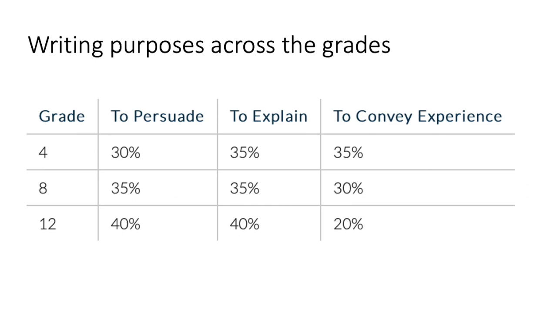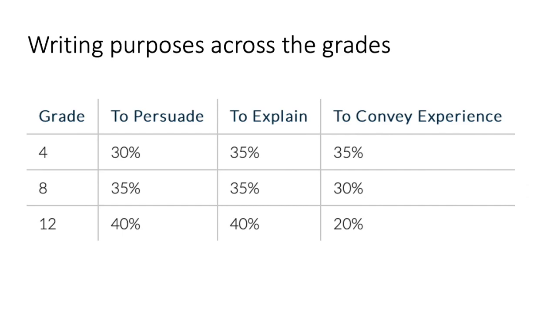In other words, it should be persuasive writing, about 35% to explain, explanatory text, and then about 35% to convey experience or perhaps a narrative text, personal narrative, or just storytelling, another kind of narrative.